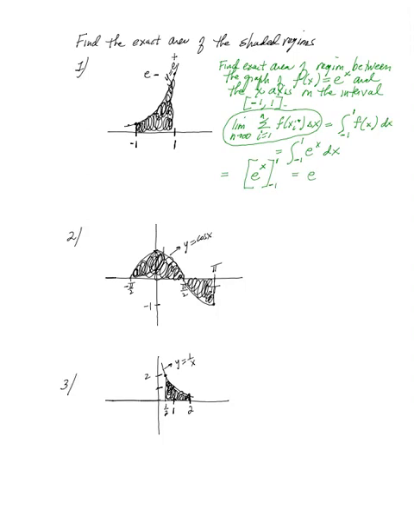So I get e to the 1 minus e to the -1. So that's e minus 1 over e to the 1. Remember, e to the -1 is 1 over e to the 1. That's e minus 1 over e. You could get a decimal for that, but that's the area of this shaded region.